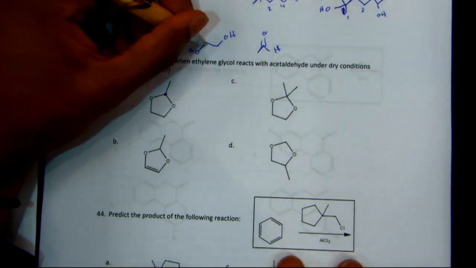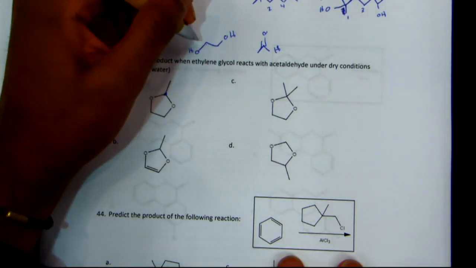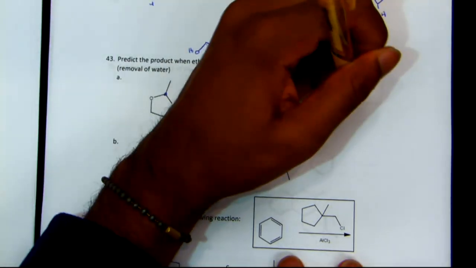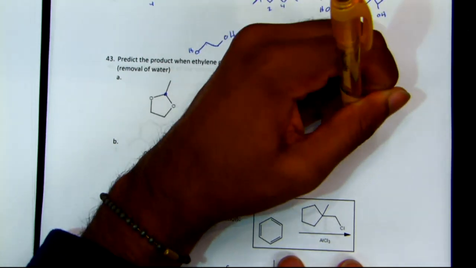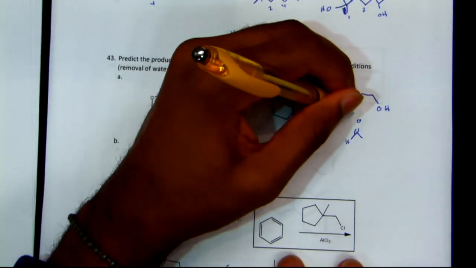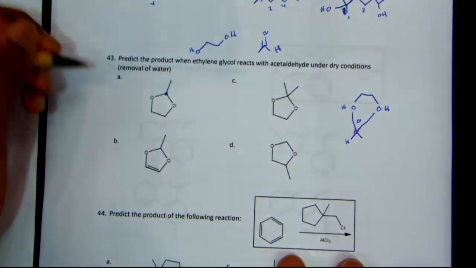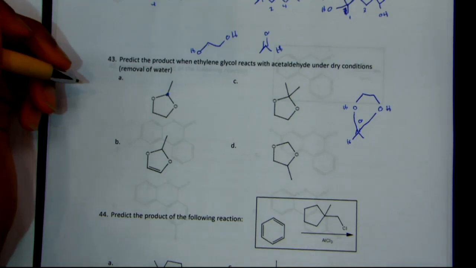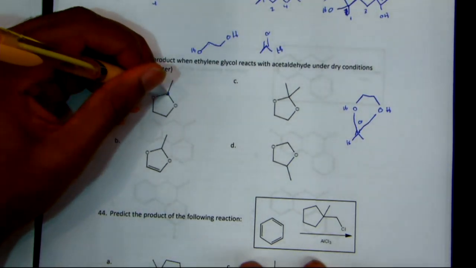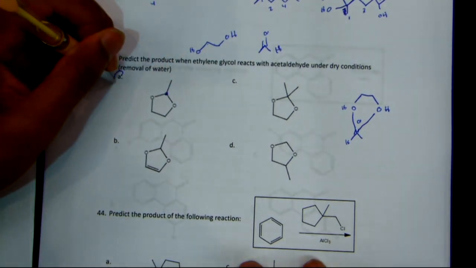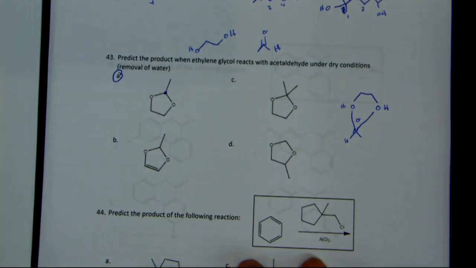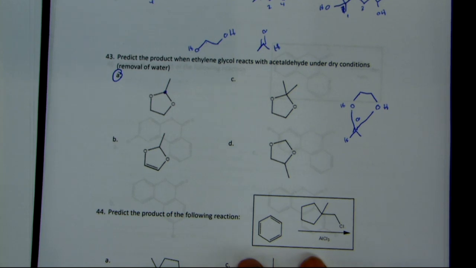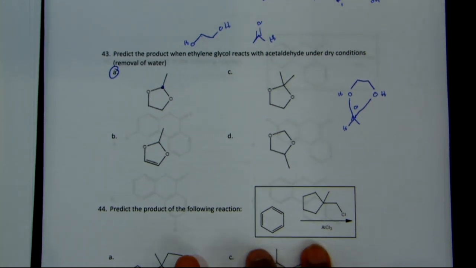So these two carbons are basically just going to attach right there. So if you can find your central carbon, that's all you need to do. So central carbon, this was a ketone before, and this is my ethylene glycol. Probably the worst explanation ever, but this is chapter 18 or 19.